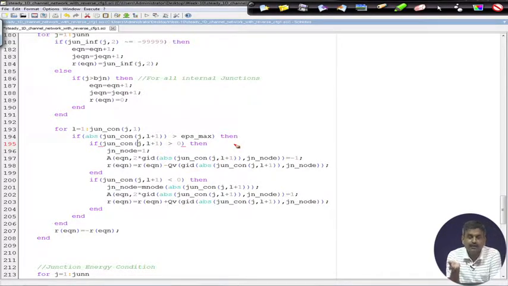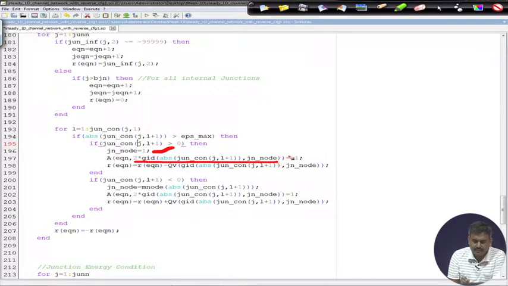Obviously, if it is greater than 0, that means we are starting from the starting node, that means J underscore node, this is 1, and we can specify this condition, and this should be negative because we are starting at that junction. So, it should be negative discharge value as per our convention.